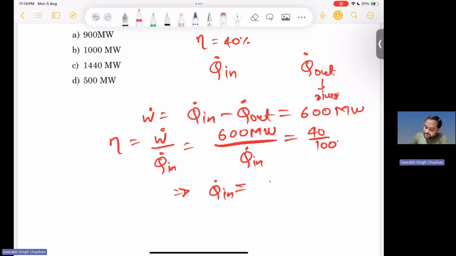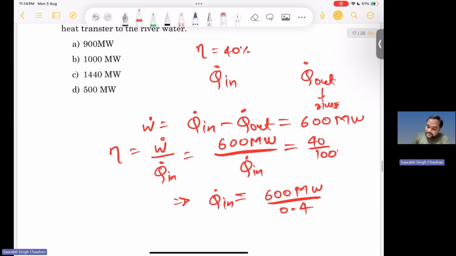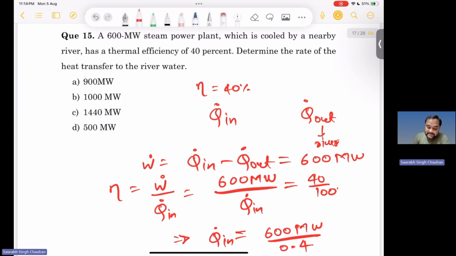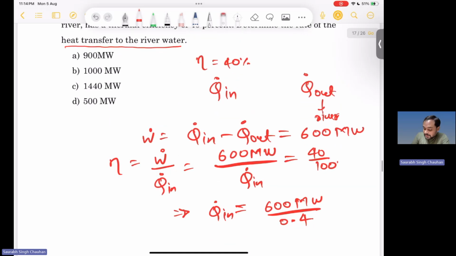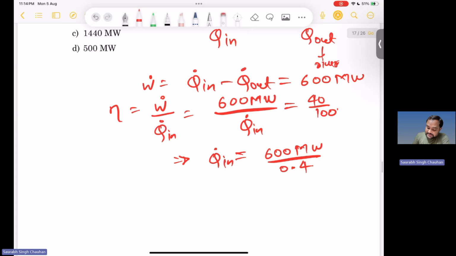So that will be equal to 600 megawatt divided by 0.4. Okay, we have to find the heat transfer to the river water. Heat transfer to the river water means heat rejection. So we have to tell Q out, rate of heat rejection to the river.